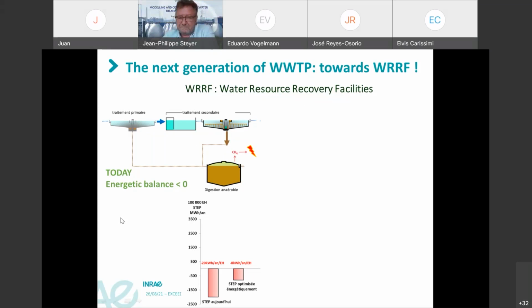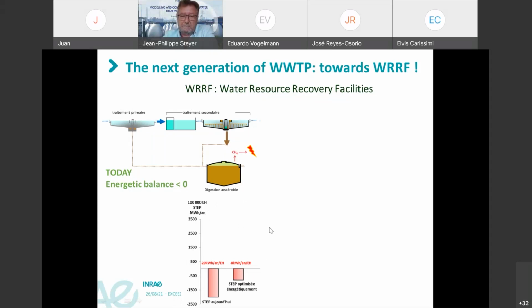Just an illustration, this is a classical scheme of wastewater treatment plants. As you can see here, they consume energy. Here you have, for 100,000 equivalent inhabitants, how much electricity you have to use per year. So you consume about 20 kilowatt-hour per year and per inhabitant.